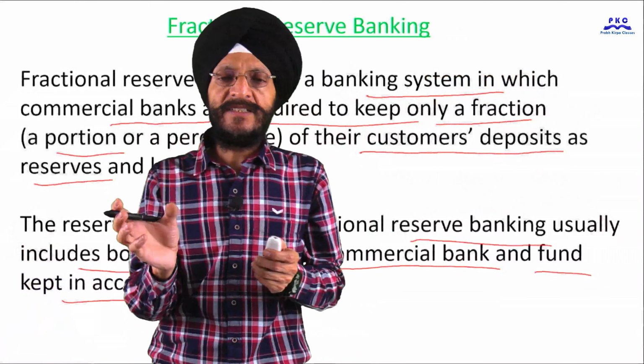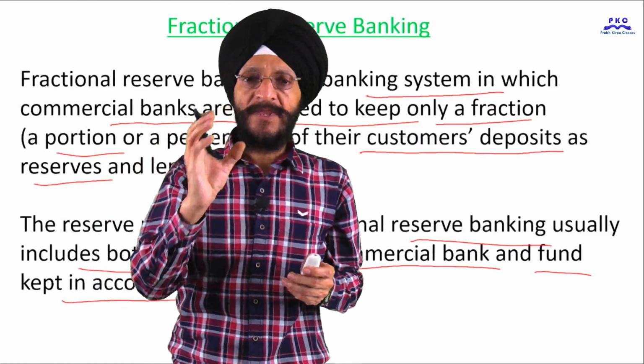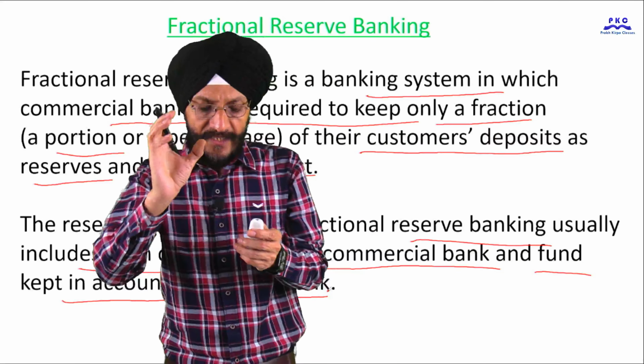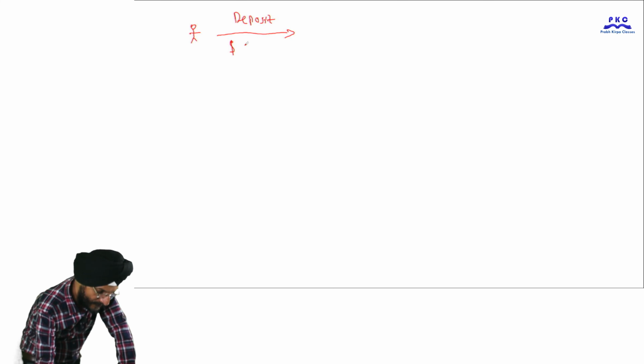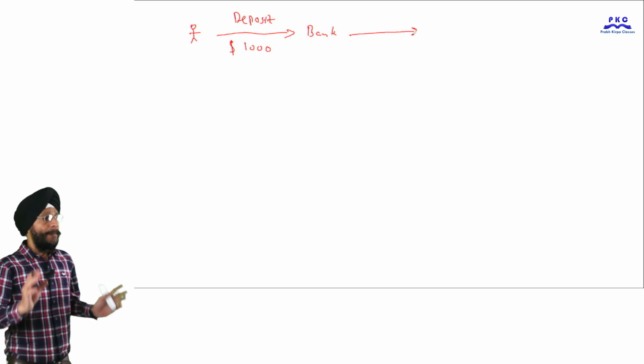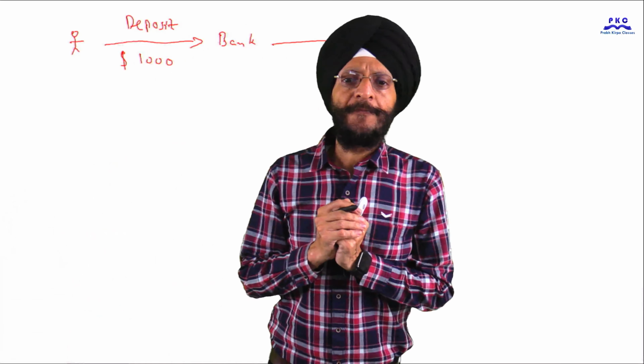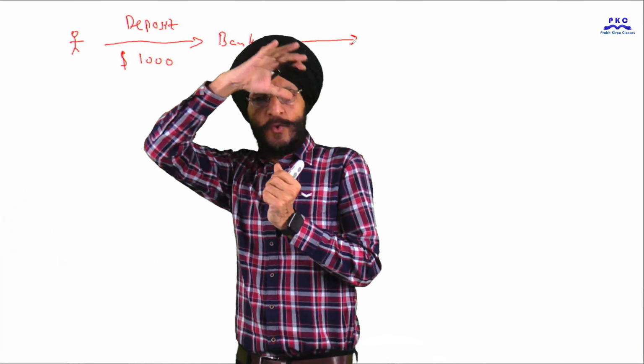Now we will understand the meaning of fractional reserve banking in reality. Suppose you go to the bank and deposit, say, $1,000 in the bank. The banks are under the supervision of a big bank which is known as the central bank.